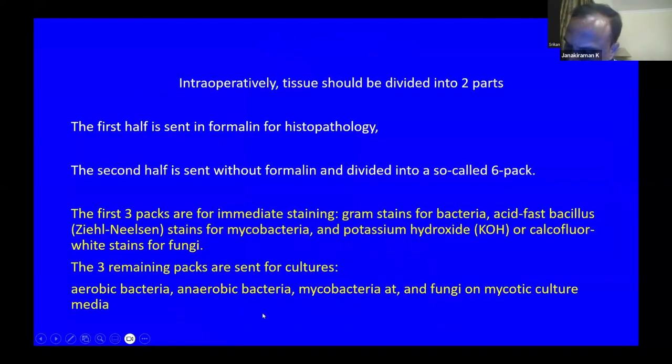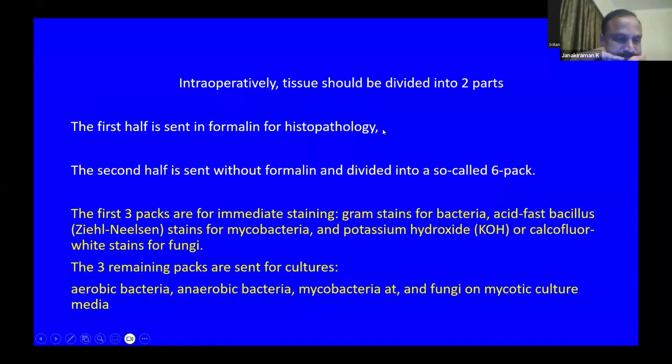Now, typically, when an abscess is drained, we send the abscess fluid for gram stain and culture. If you don't find much in the way of pus, but you find that there's fluid there, which you have drained because you have gone in a bit more early, or because the patient has already been put on antibiotics, then the specimen or tissue should be divided into two parts.